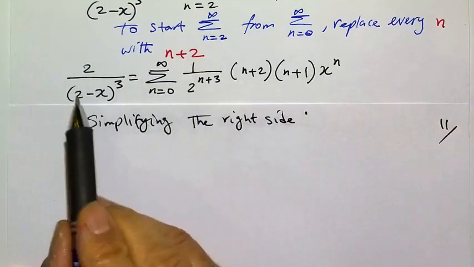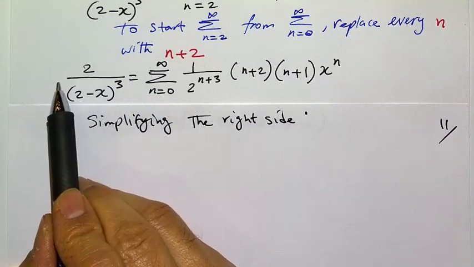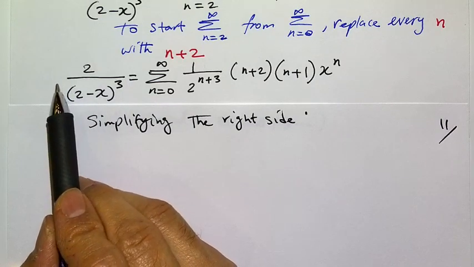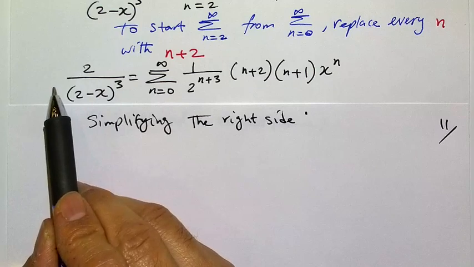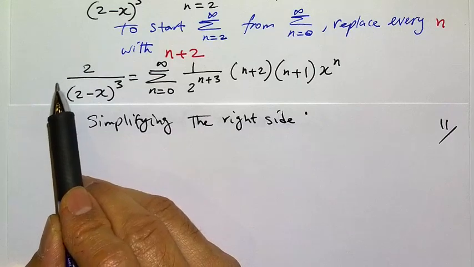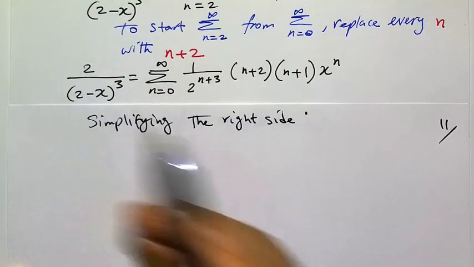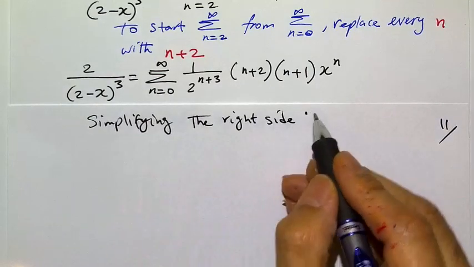So to get what we want, we'll have to multiply this. I said x squared over 2, but it's x cubed over 2, because we need an x cubed here, and we need to get rid of the 2. So it's multiply both sides by x cubed over 2.